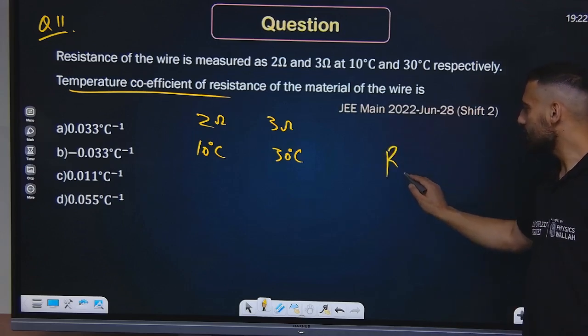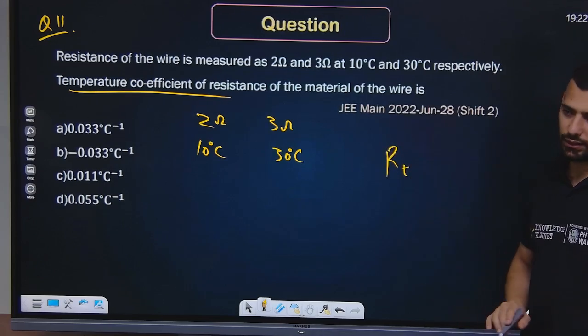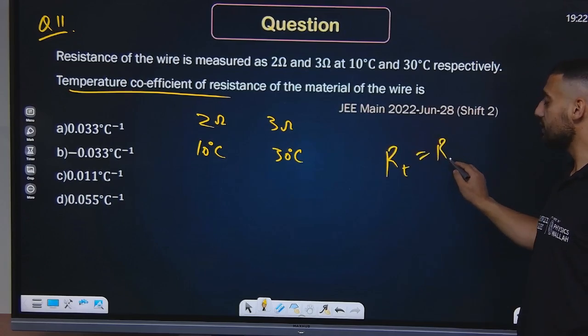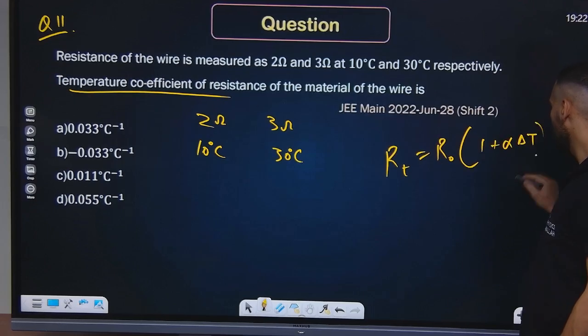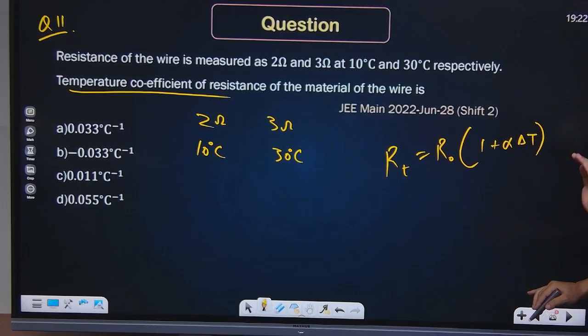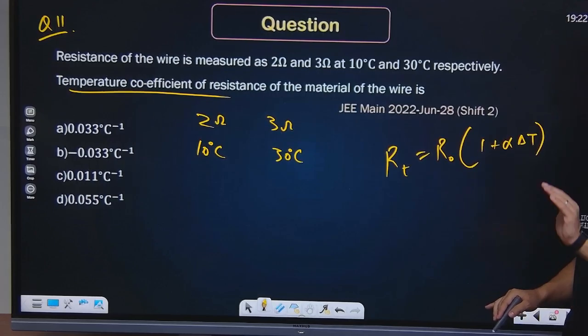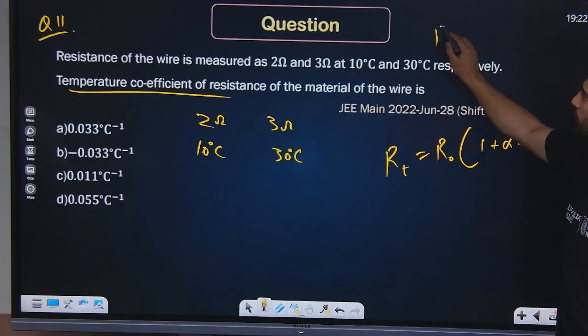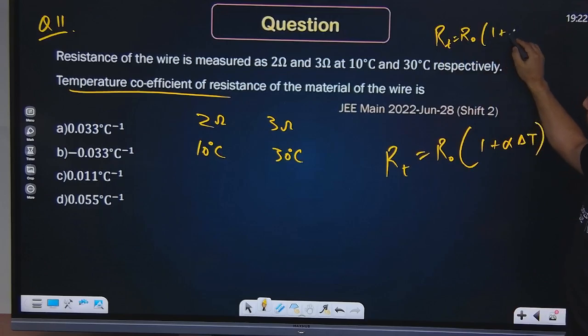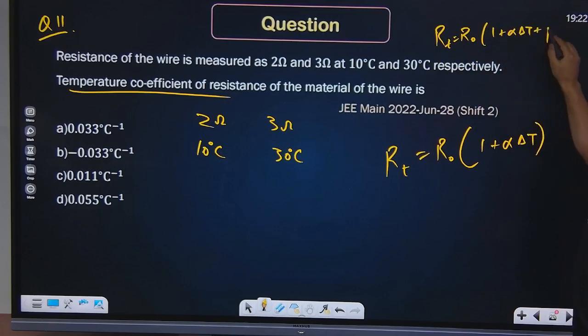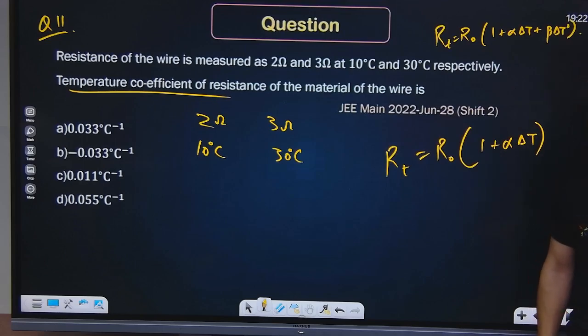The equation is this: resistance at a particular temperature is equal to resistance at 0 times 1 plus alpha delta T. But this is valid for low temperatures. For higher temperatures, the RT formula is R0 times 1 plus alpha delta T plus beta delta T squared. Alpha and beta are the coefficients of the material.